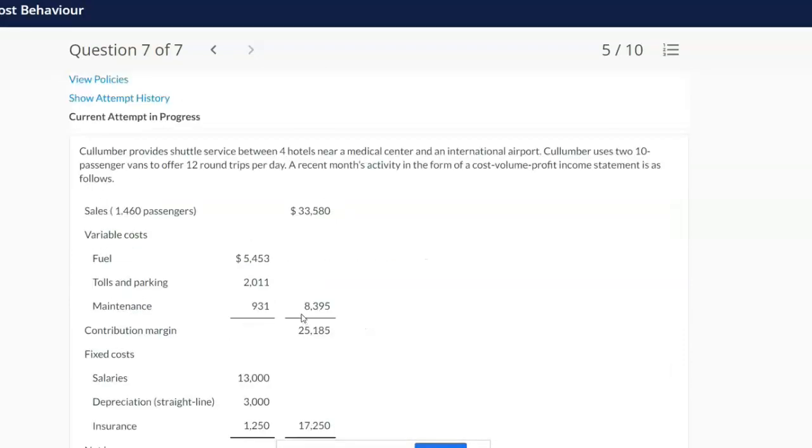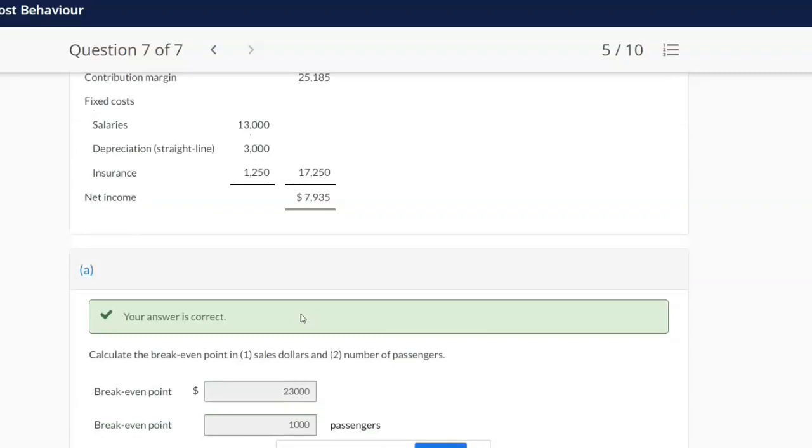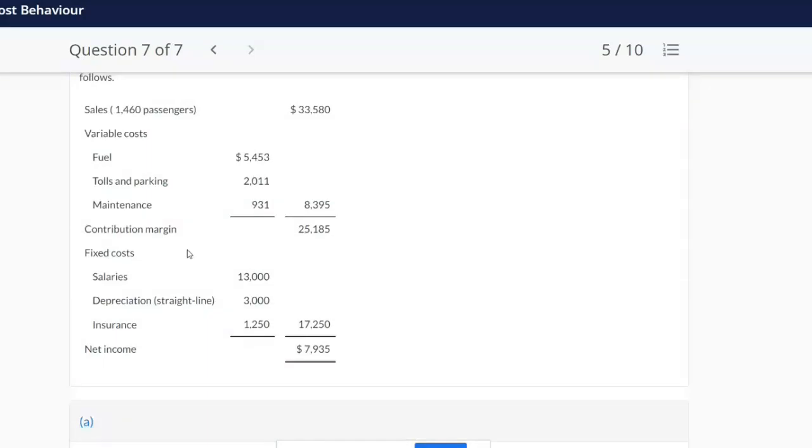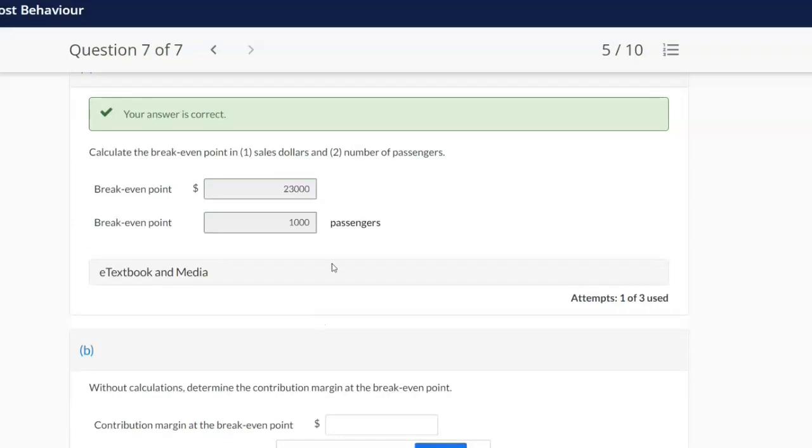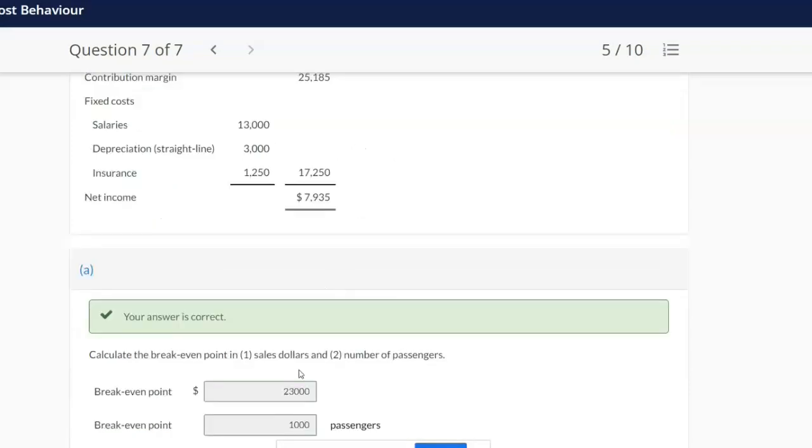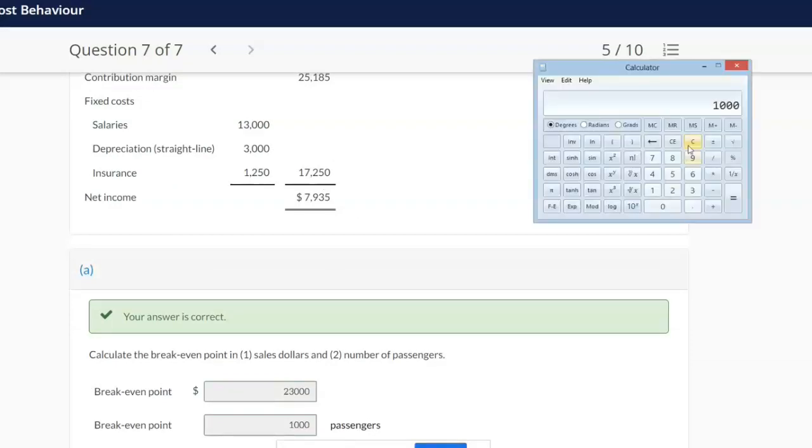No, okay. Wait. 23,000 minus the fixed. I don't know. Yeah, minus. What's the total contribution margin? 23 minus 17. 17,250.